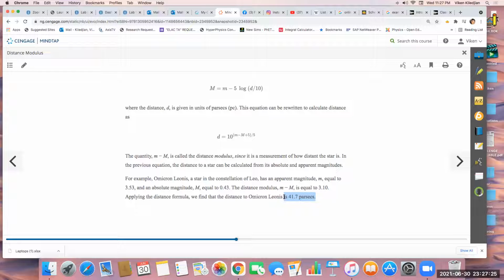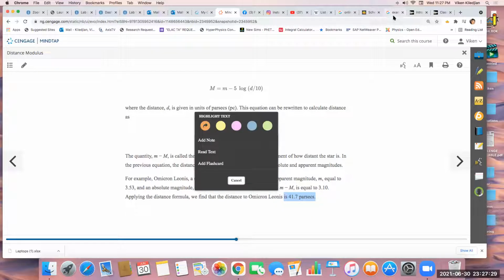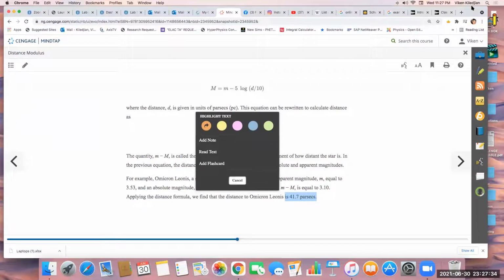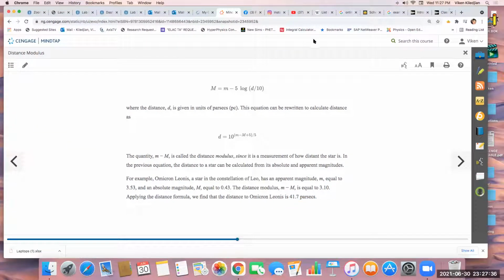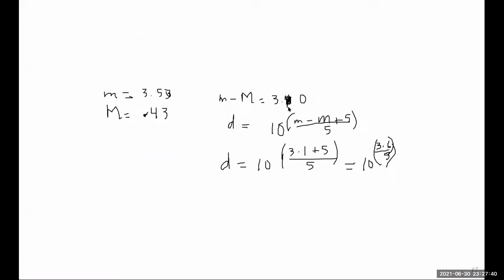So m minus M is 3.1 plus, hold on. I did it wrong. It's 3.1 plus 5 over 5. So then that's going to be 10 to the 3.6 over 5. Did I put it wrong into the calculator?